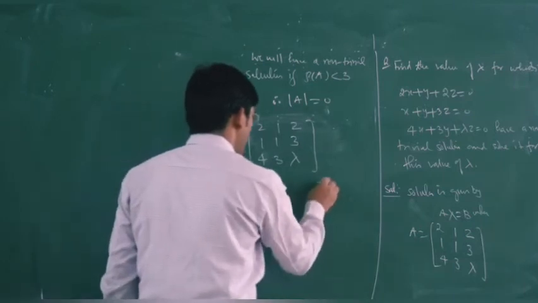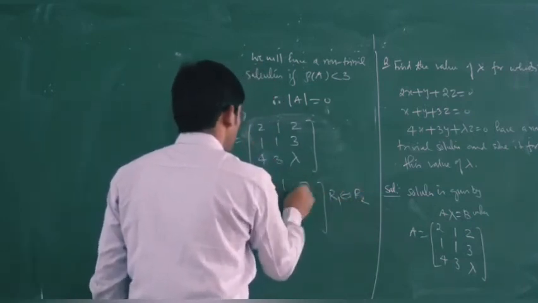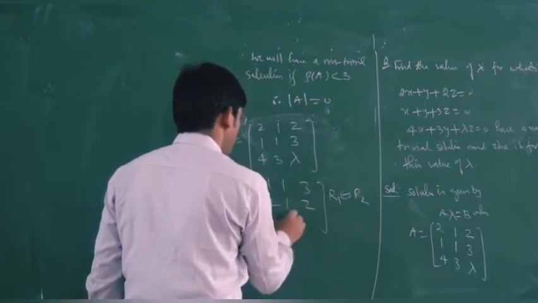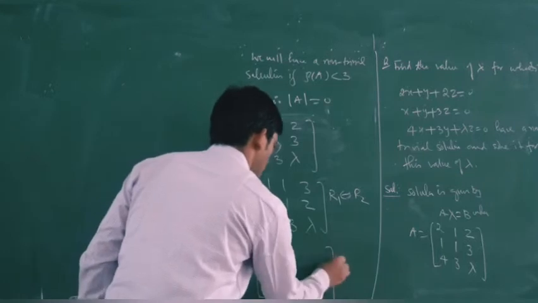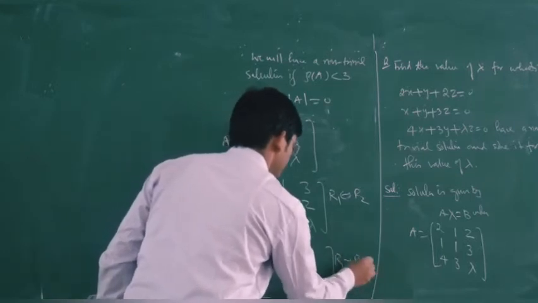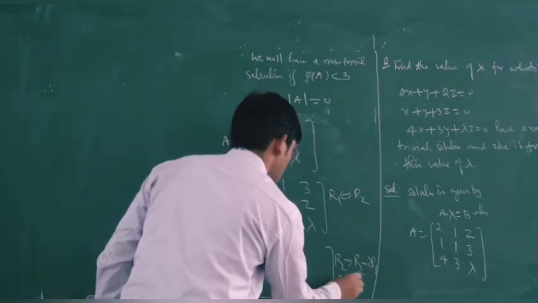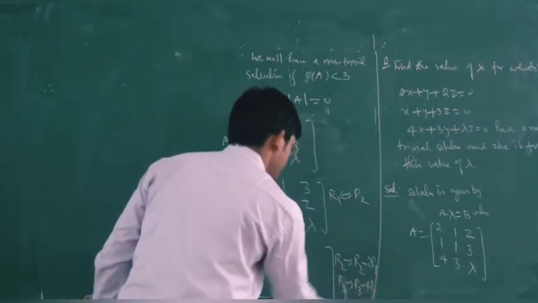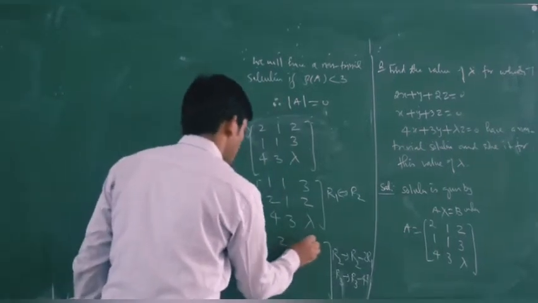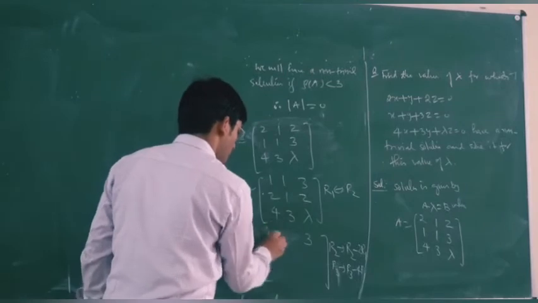On interchanging R1 and R2, we have 1, 1, 3, 2, 1, 2, 4, 3, lambda. So R2 minus 2 times R1 and R3 minus 4 times R1 implies the first row will be 1, 1, 3.